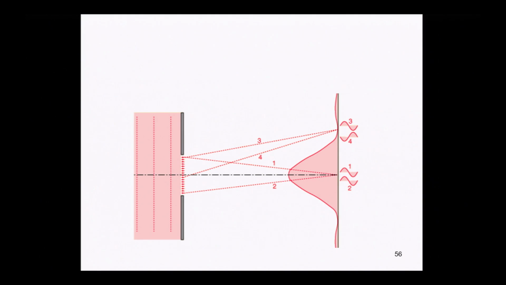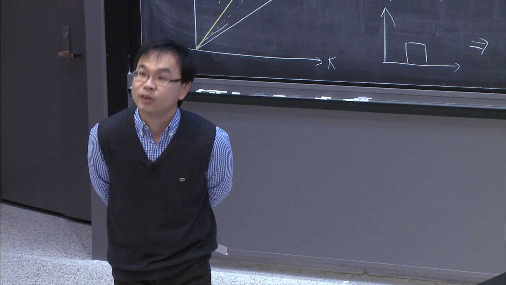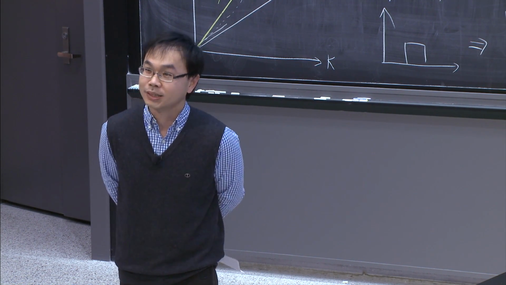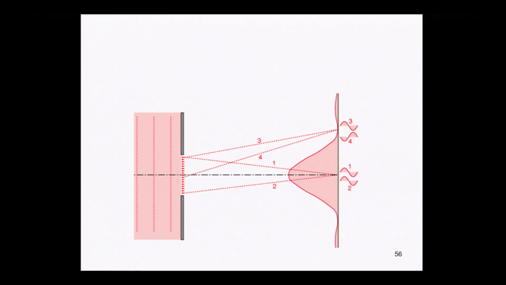And you just need to integrate over all the point-like sources between the two walls, and all of them are acting like a spherical wave source, right? So basically, every point between these two walls is a point source of spherical wave. And that is Huygens principle.